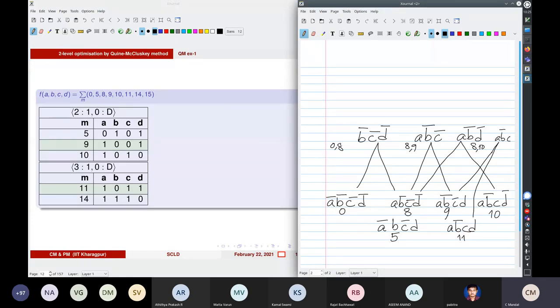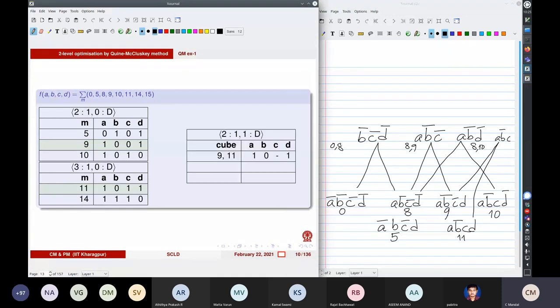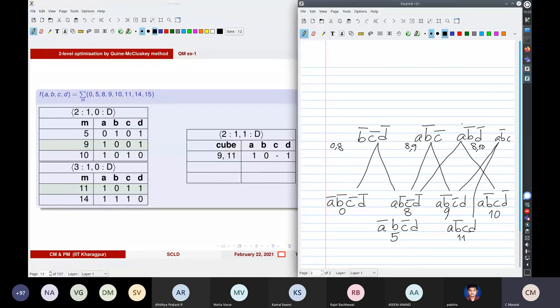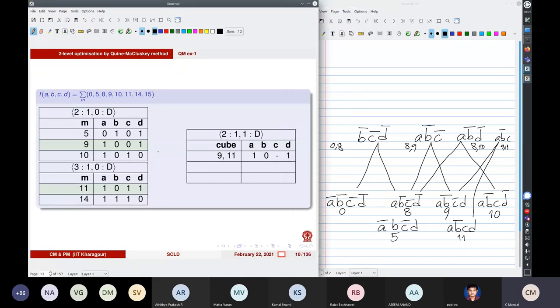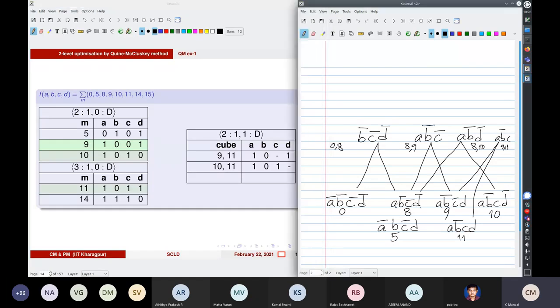This is what you get when you combine 9 and 11. And then you can also combine 10 and 11. These two are also adjacent.